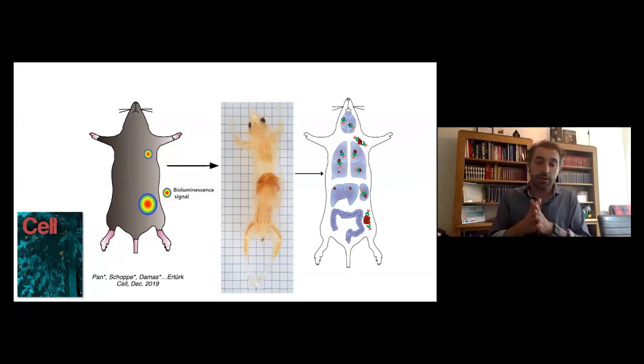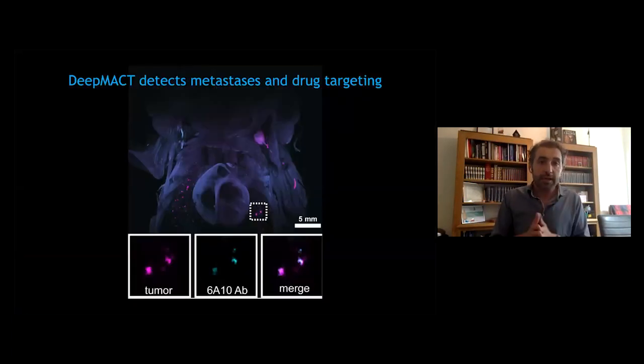In addition to that, we could also follow a targeting therapy, using an antibody, 6A10 antibody, again at the cellular level. It looks like this. So with DeepMACT, together transparency and deep learning, we can see tumor metastasis in magenta and the targeting efficacy of the antibody for this tumor that has been developed by our collaborator.